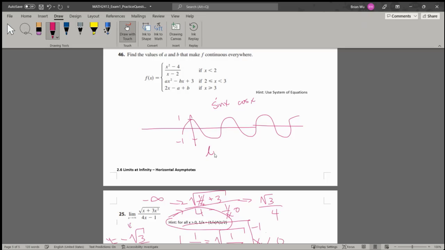And so that's why when you take the limit of sine x or cosine x as it approaches infinity or negative infinity, it's not a limit that exists. So it's d and e. Because it never stops at a certain number, it always keeps moving. And same for the left side, it just keeps oscillating no matter what, and it won't stop.